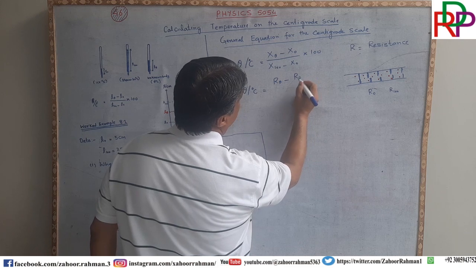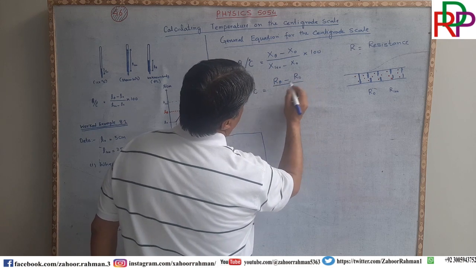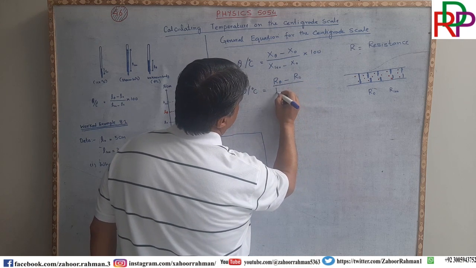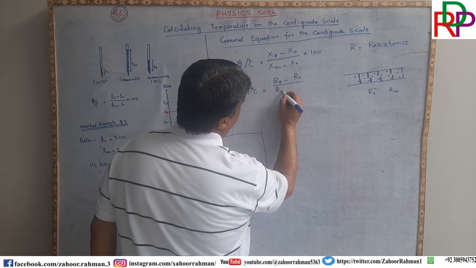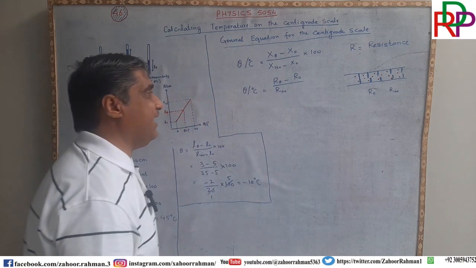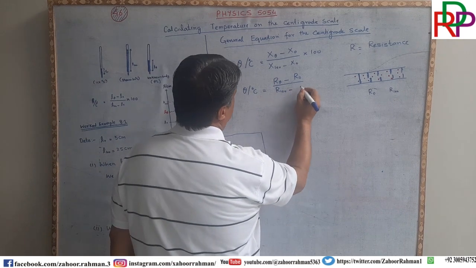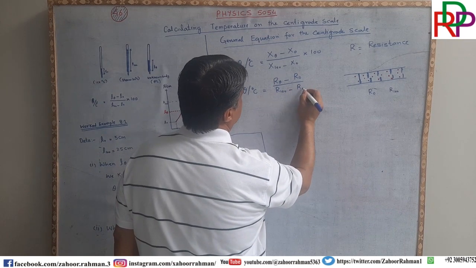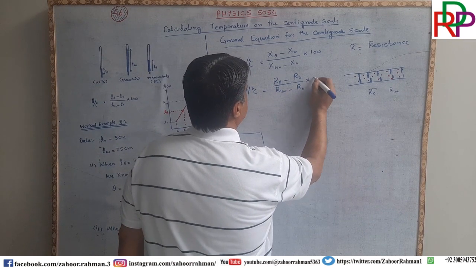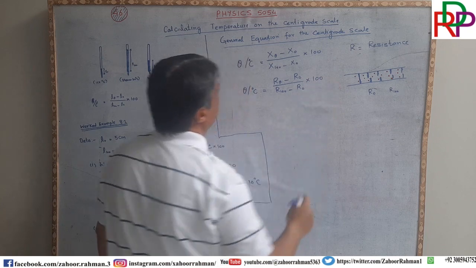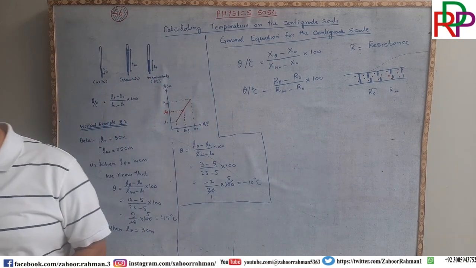Instead of X0, we will write R0, and instead of X100, we will write R100, and again instead of X0, we will write R0, multiplied by 100.